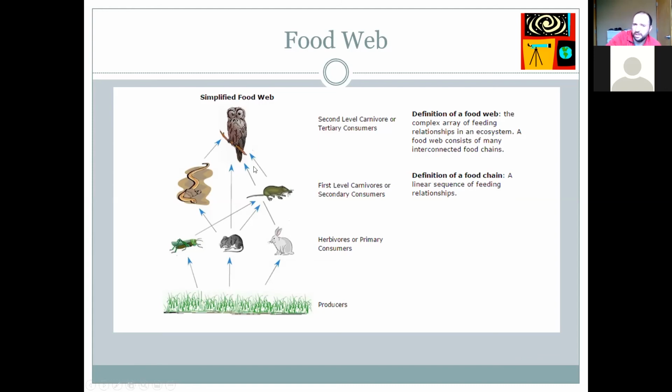So again, you can make these food webs as big as you want, and you can include as many different animals as you want. You could try to do a food web for an entire ecosystem. It would just look wild, and there'd be arrows everywhere with all kinds of different animals. So we don't need to get that specific. But that's food webs and food chains.